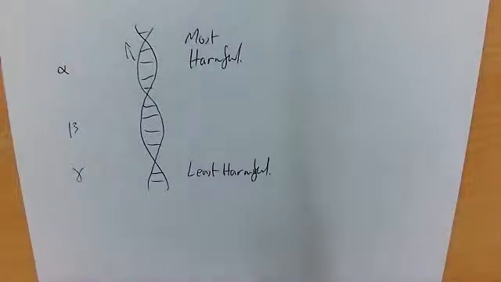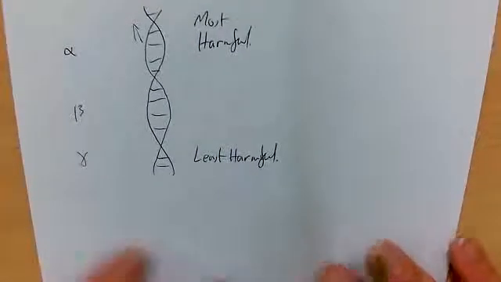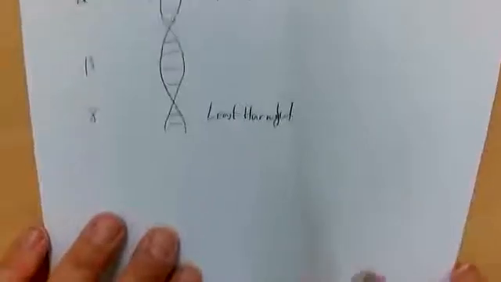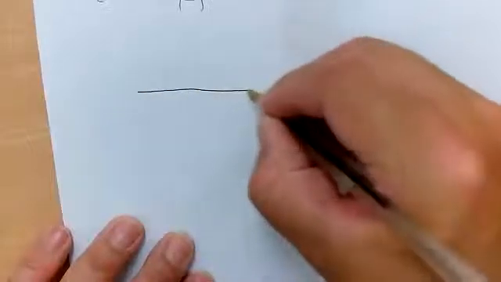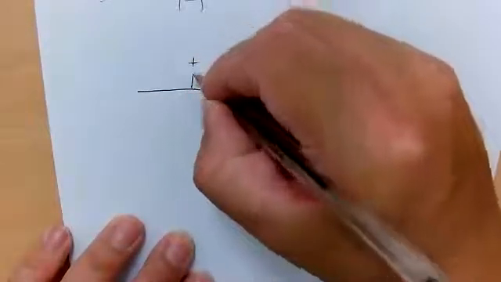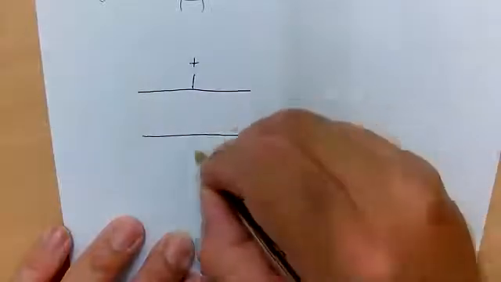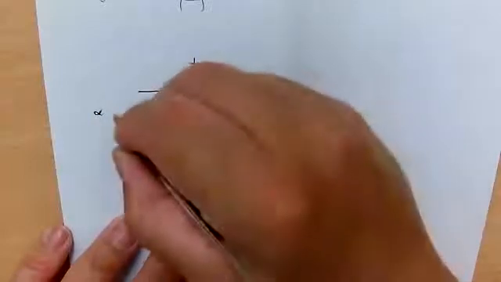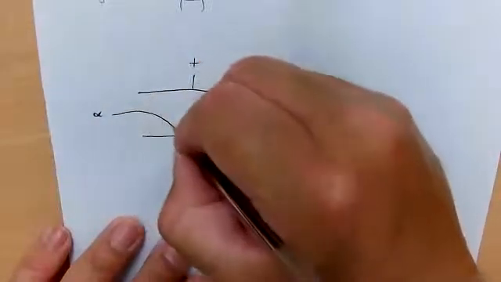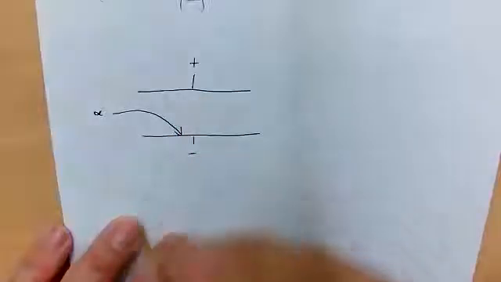If we start to look at the behavior of the particles, another thing to look at is what happens as they pass through an electric field. Now, you did electric fields before, so imagine you've got a positive plate here and a negative plate here. If you've got an alpha particle, it will deflect away from the positive towards the negative.